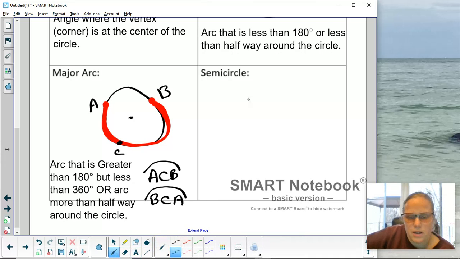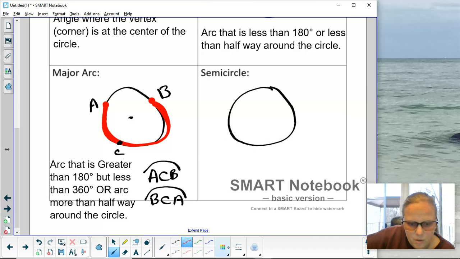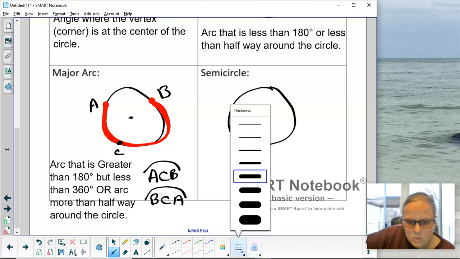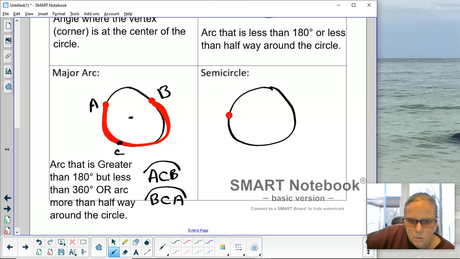Okay, the next one is semicircle. So minor arc was less than 180. Major arc is greater than 180. A semicircle is exactly 180. It's halfway around the circle. So if I do this one, I need to have my endpoints of my arc straight across from each other. And if I were to connect those two endpoints together with a segment, or a chord in this case, it would go right through the center of the circle.